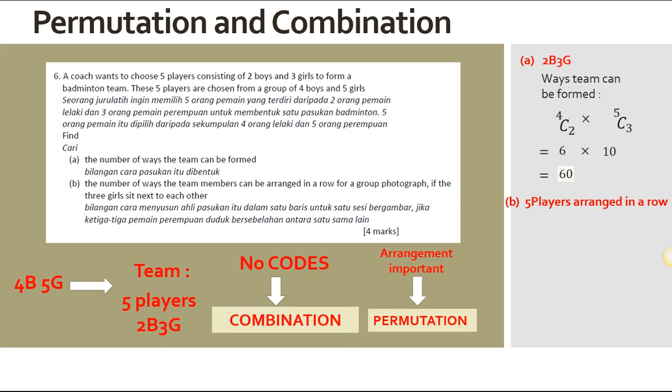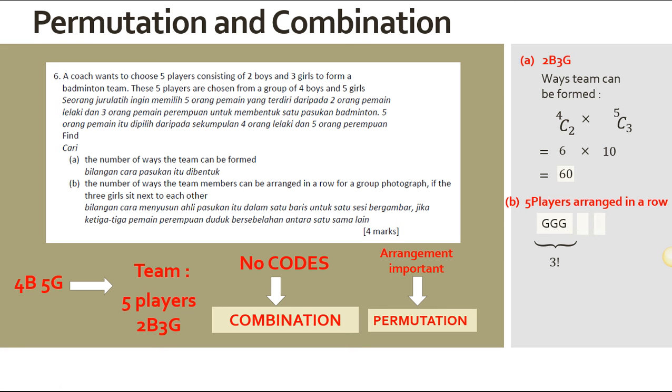They want to take a photograph, so they must be arranged in order, and there is one condition, which is that the 3 girls must sit next to each other. They cannot be parted. So how do we arrange that? First, we calculate the number of ways to arrange the 3 girls who sit next to each other. For these 3 girls, there will be 3 factorial ways of arranging them.